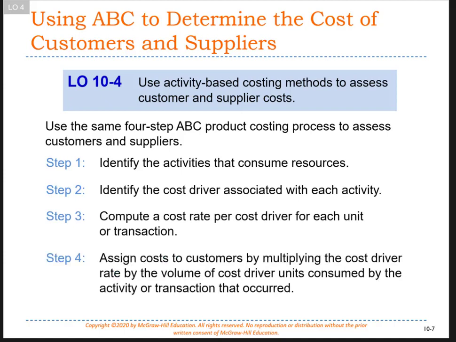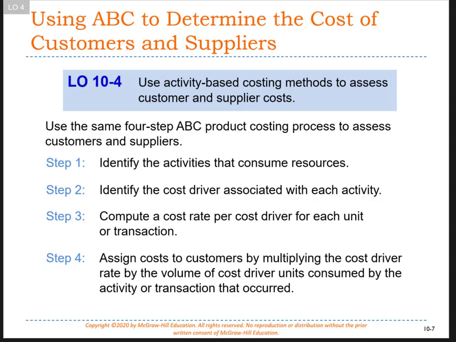So the process goes, we identify the activities that consume the resources, identify that cost driver. What is it? Is it time? Is it a number of items? What's the cost driver? And then compute that cost per cost driver. This is the same thing we learned back at the end of chapter 9.